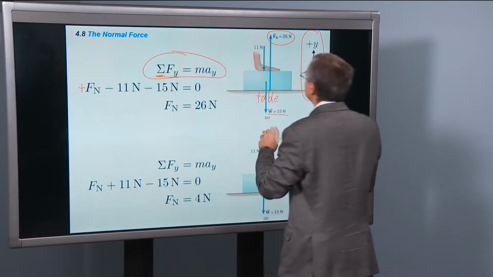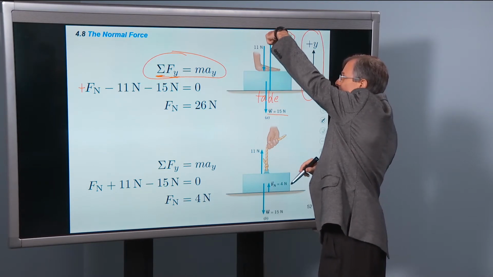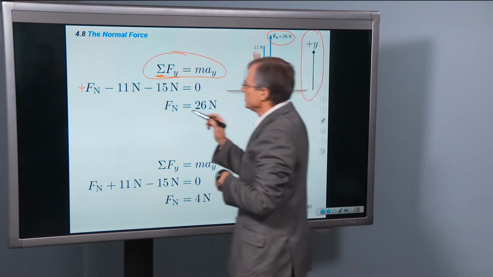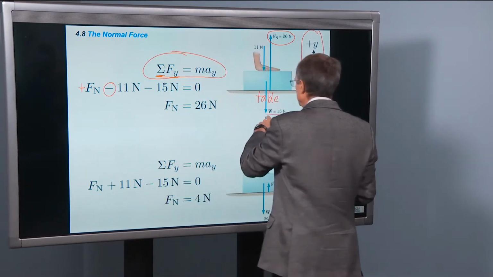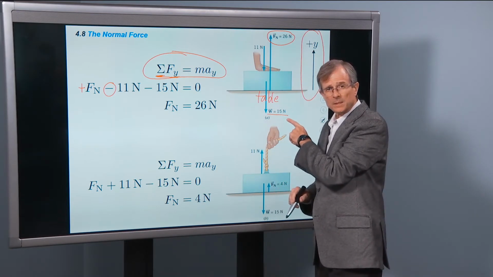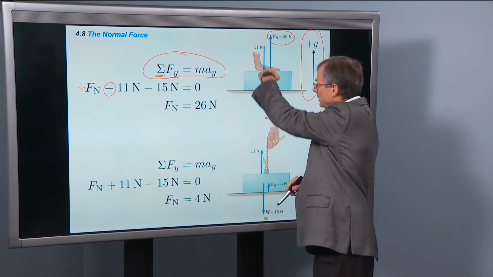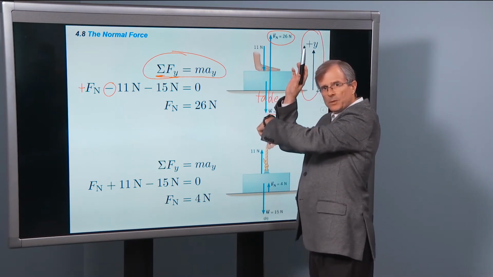Then there's an 11 Newton force pointing down, opposite the direction of y. So we put it in with a minus sign. And then a 15 Newton weight of the block. It exerts a force on the block as well, and pulls it down toward the Earth, which is opposite the y direction.